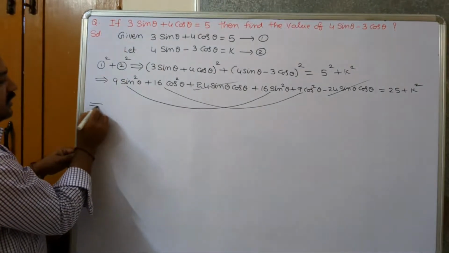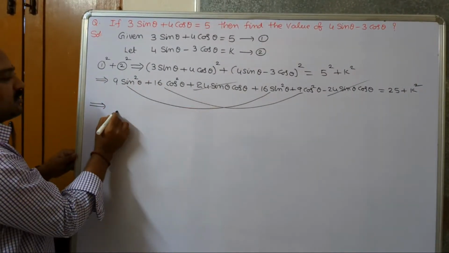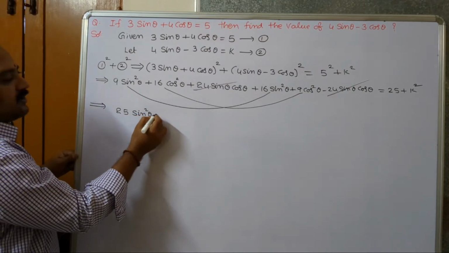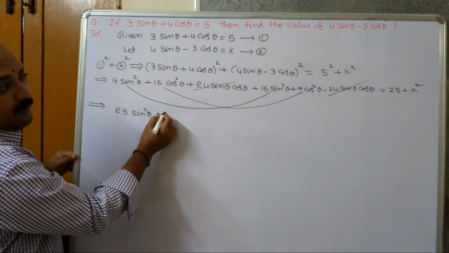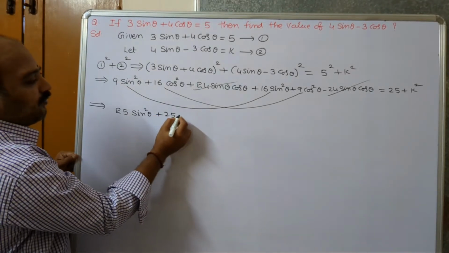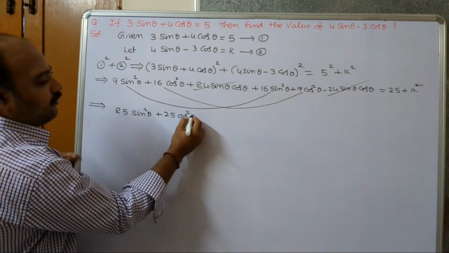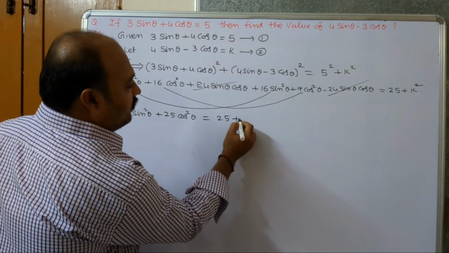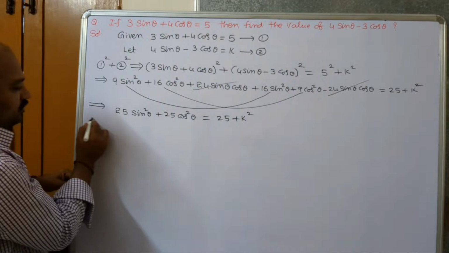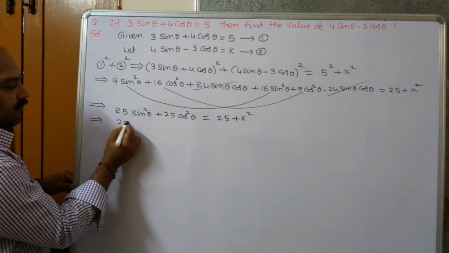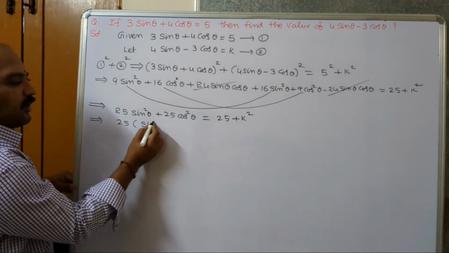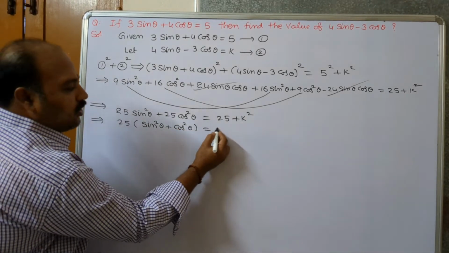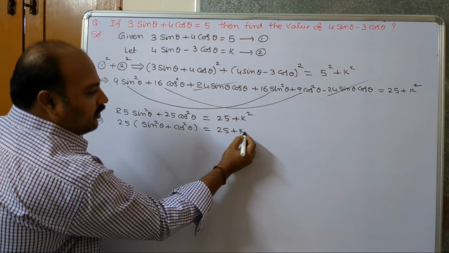From these two and these two, that implies 9 sin square theta plus 16 sin square theta, 25 sin square theta, plus 16 cos square theta plus 9 cos square theta, again 25 cos square theta, is equal to 25 plus k square. Taking 25 common, sin square theta plus cos square theta is equal to 25 plus k square.